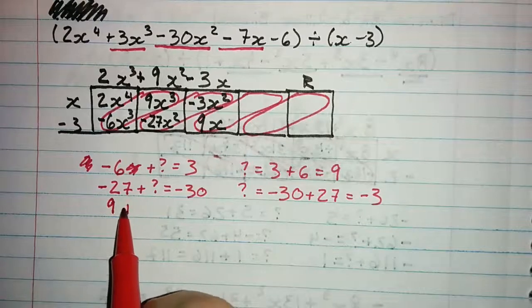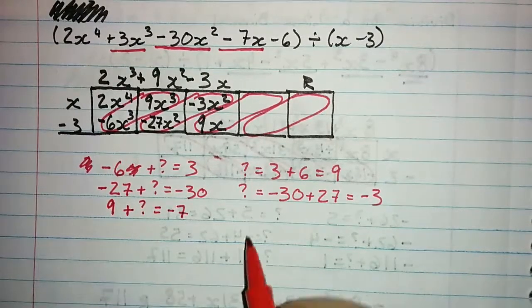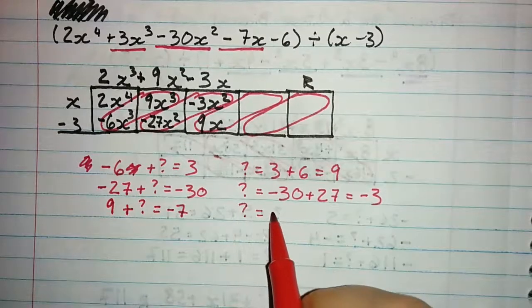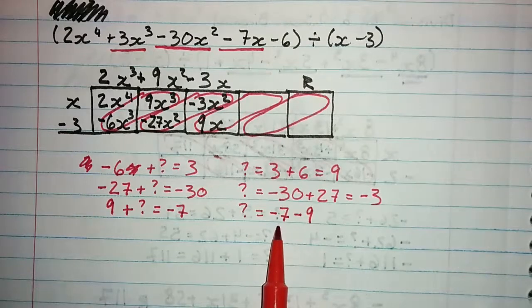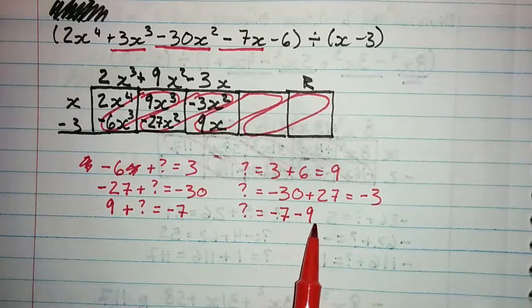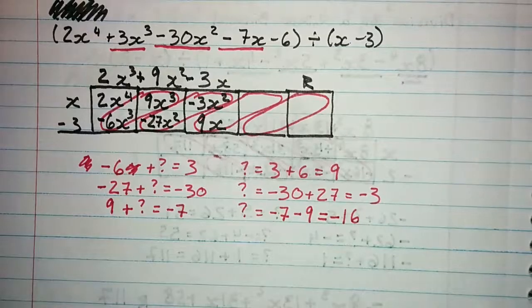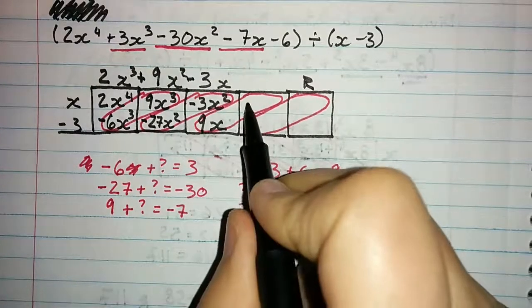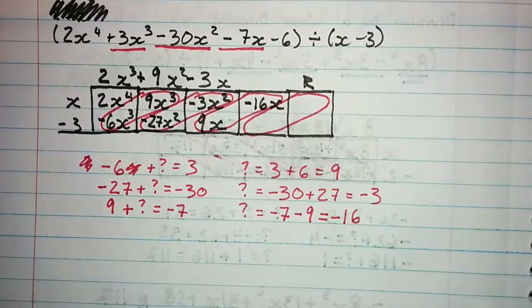So 9 plus what will give me my negative 7? Well, what is negative 7 minus 9? Negative 7 minus 9 is negative 16. I'll need a negative 16x up here.